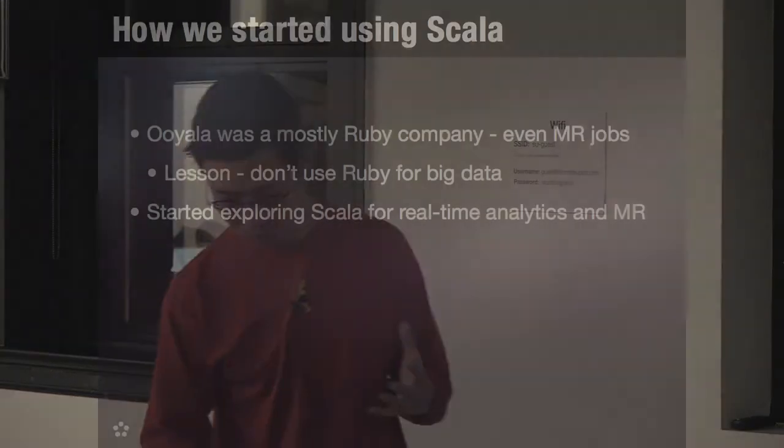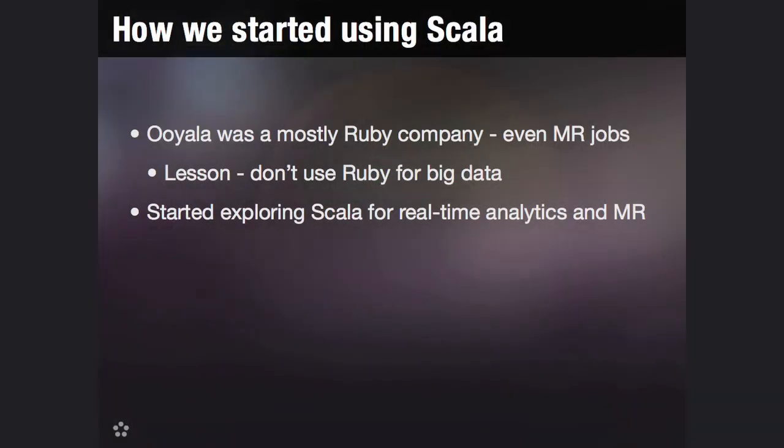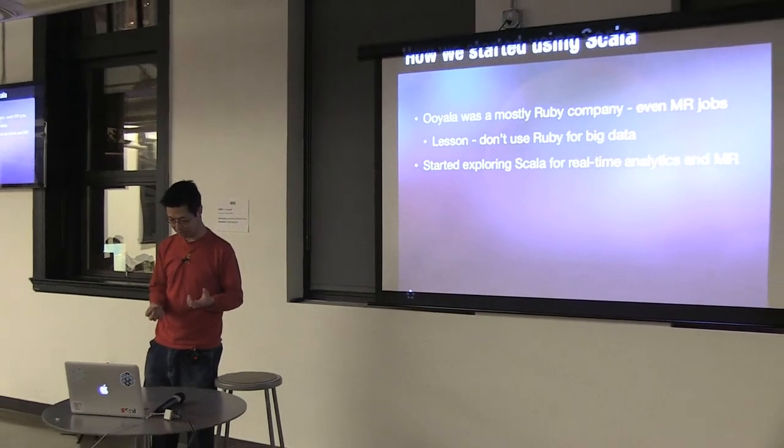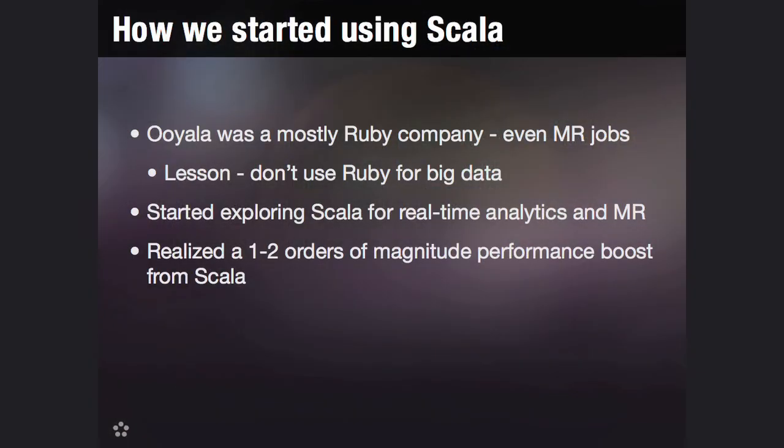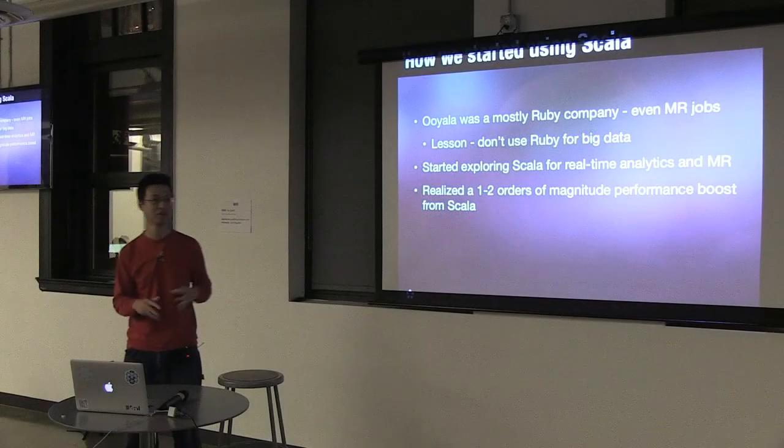So we started experimenting with Scala for doing real-time analytics, for which we were pretty sure that Ruby wouldn't work, as well as for MapReduce pipelines. And what we realized was that we could get about a 1 to 2 order of magnitude performance boost just from switching to Scala. So we were pretty happy with that. Made a lot of sense for us.